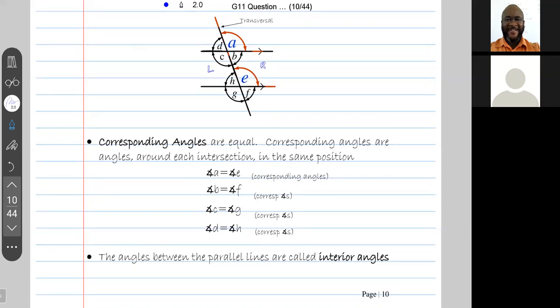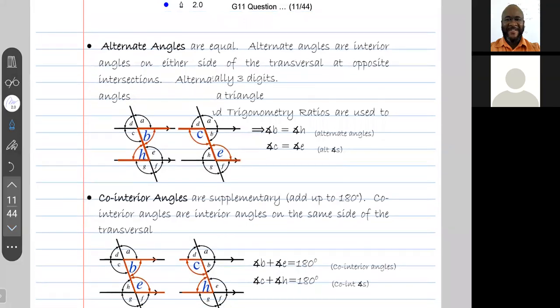Two interior angles on the same side of the transversal add up to 180 degrees. They are called co-interior angles. So B plus E is equal to 180 degrees, and C plus H is equal to 180 degrees.